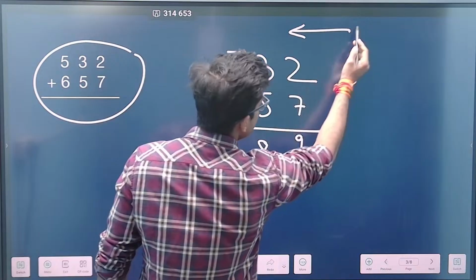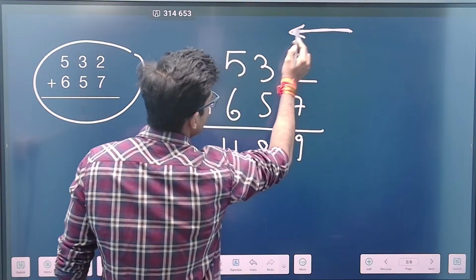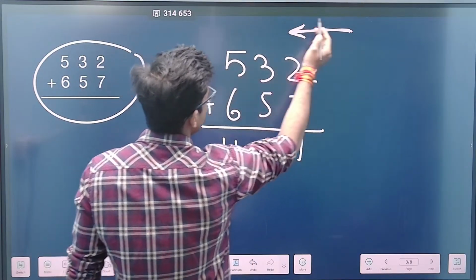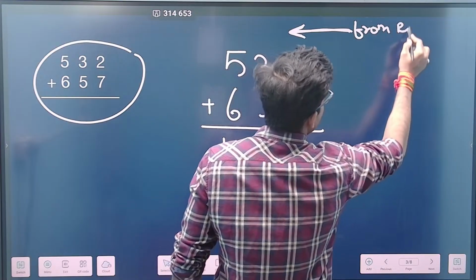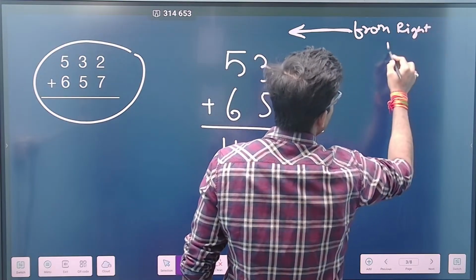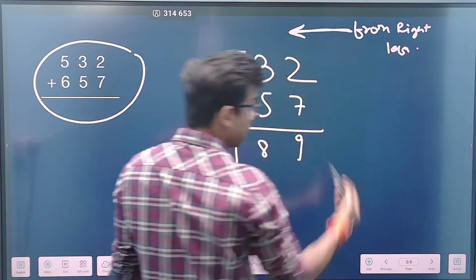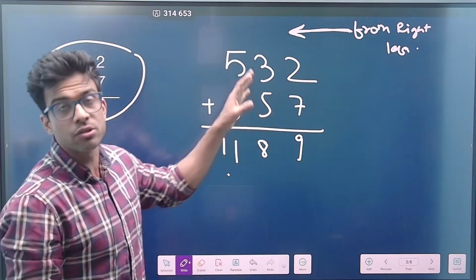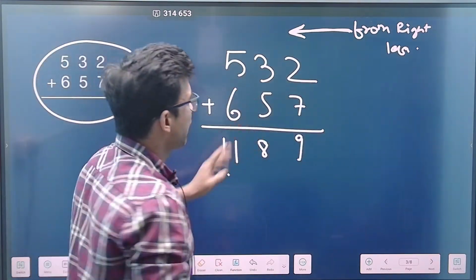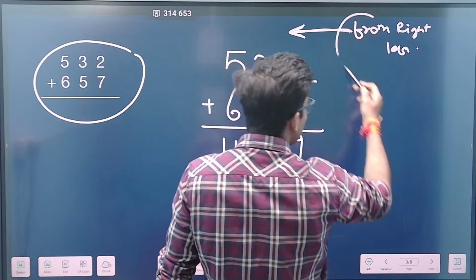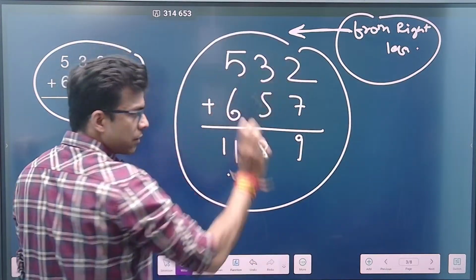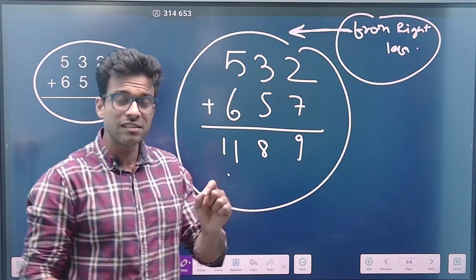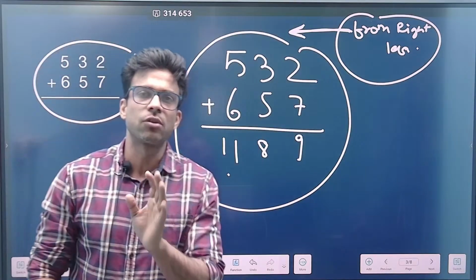We add from right to left. Now, does this method, right to left, help you, or does it make you a slow learner? The point is that even if you have good calculation skills, this is making you lag. Lag means this is making you a little bit slow.